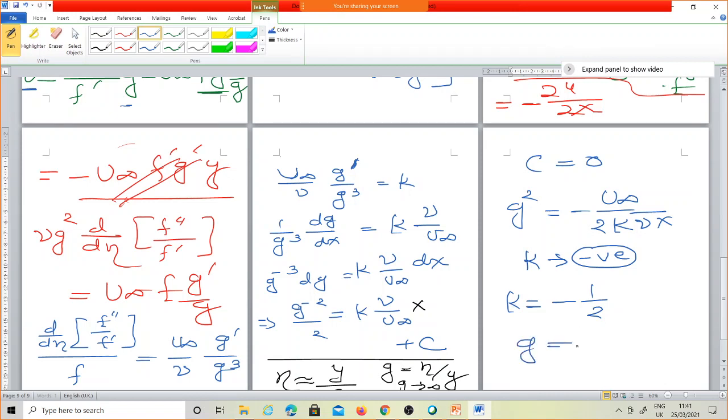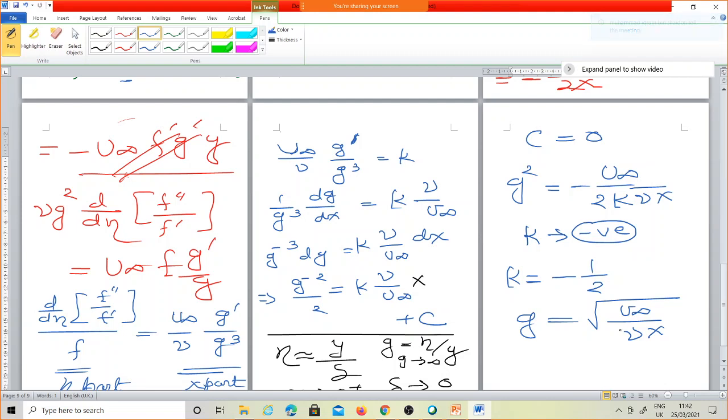If it is minus half, what will you get? Your g will be root of u infinity, then half will cancel out, minus minus will be gone, then you will have u infinity by mu x.